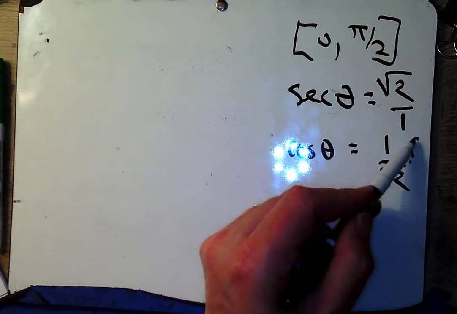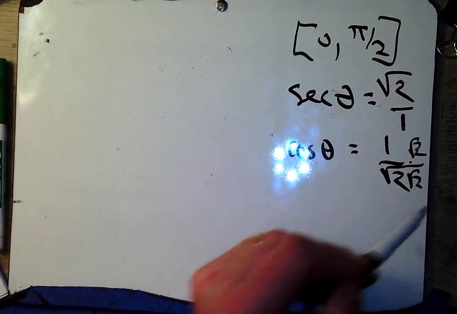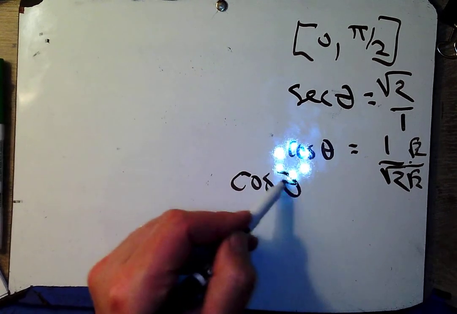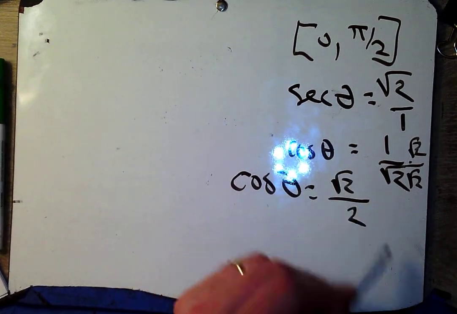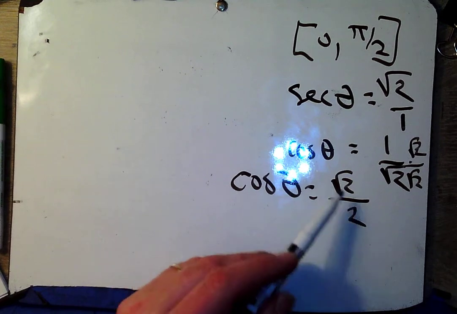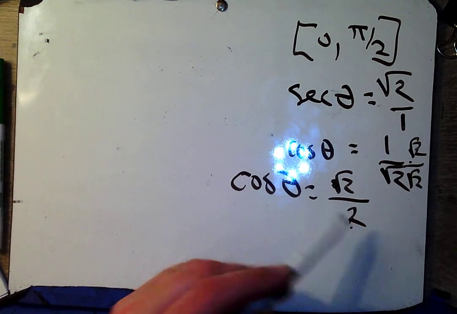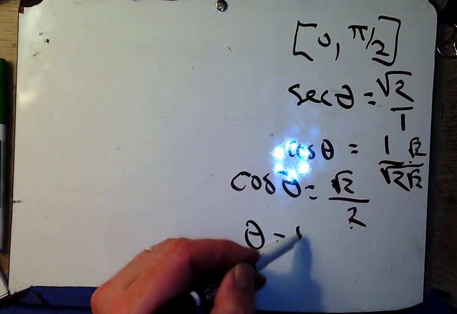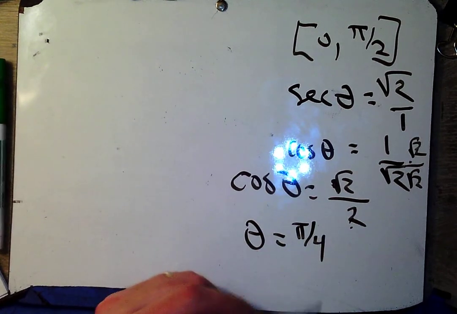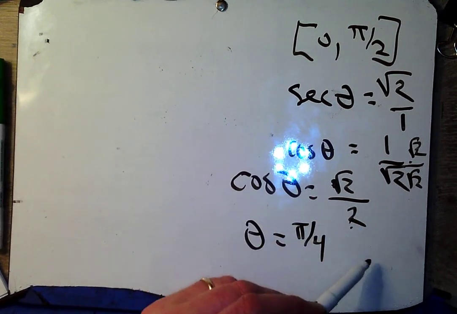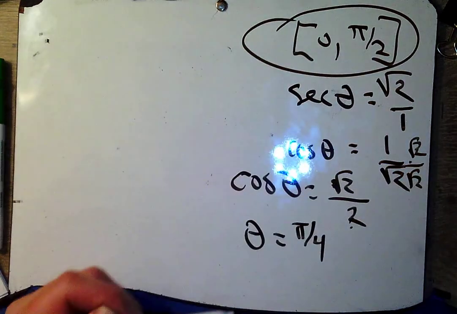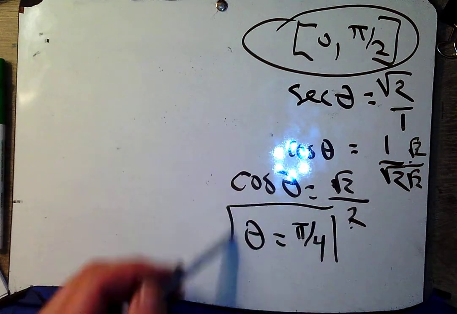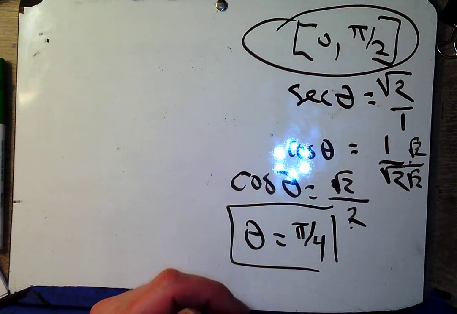And if I rationalize here, I end up with cosine theta equals root 2 over 2. I know root 2 over 2, that happens when theta is pi over 4. It would also happen for cosine at 7 pi over 4, but since we're only looking in first quadrant, we only have this one answer.